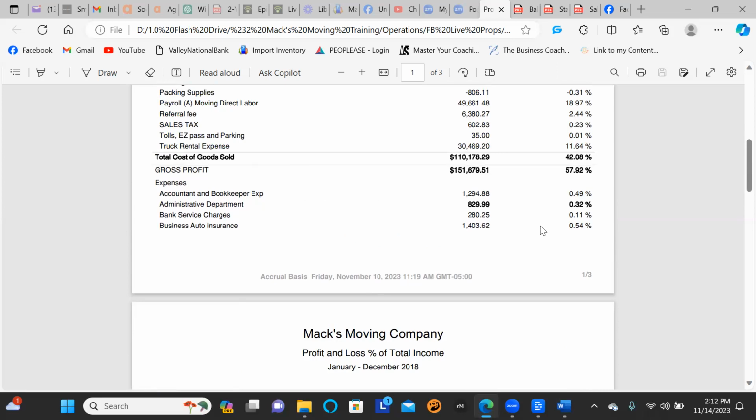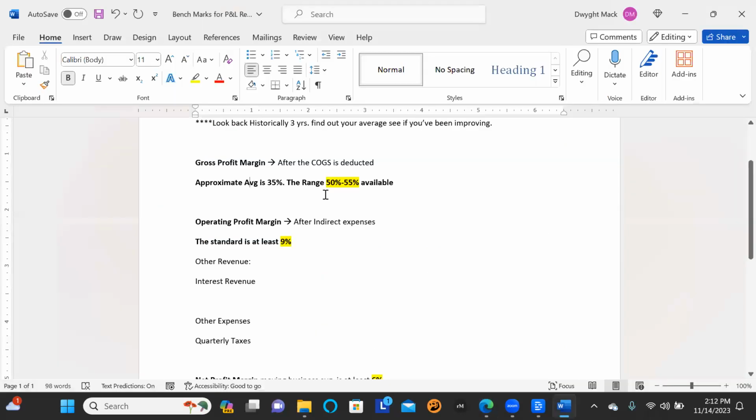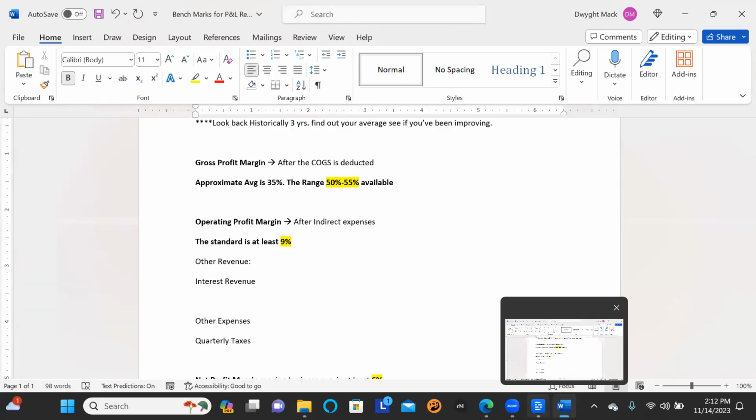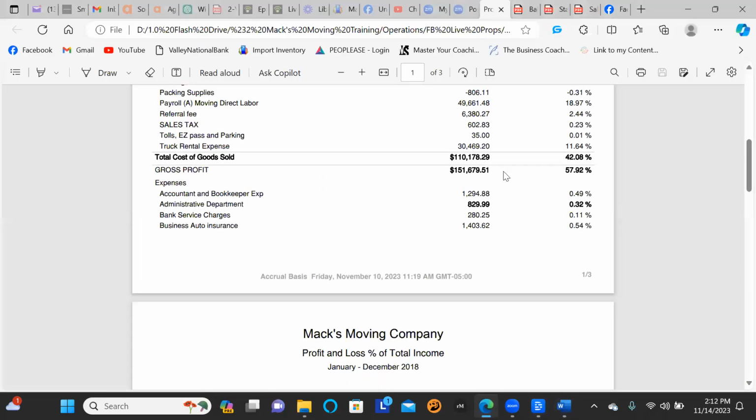And again, remember, based off the metrics, we want it to be around 50 to 55%. So now we have about 58% going into our general overhead, which, like it says, is keeping the lights on.